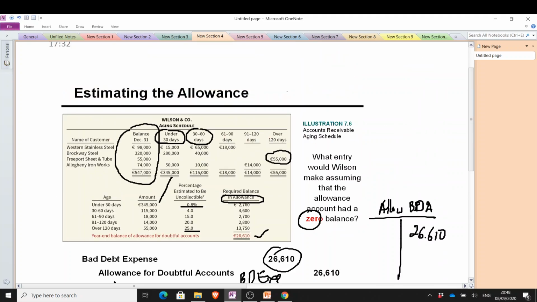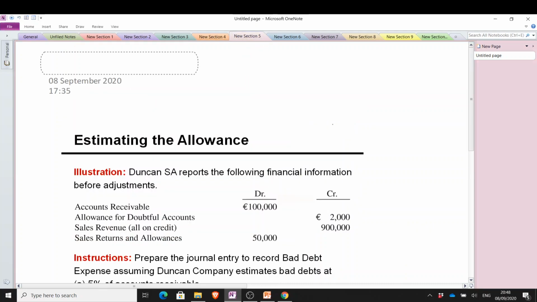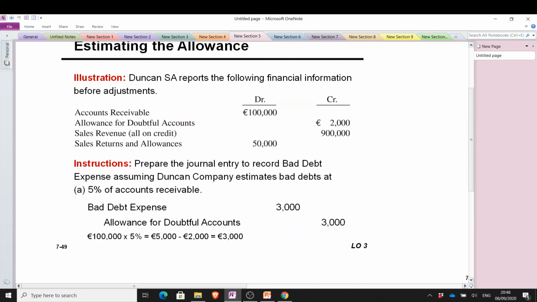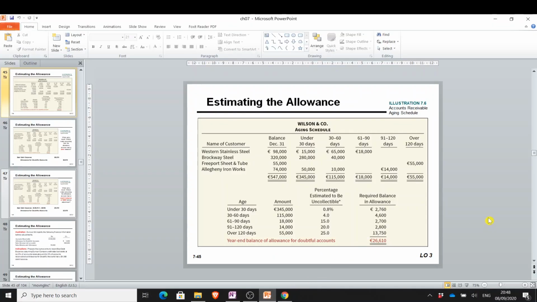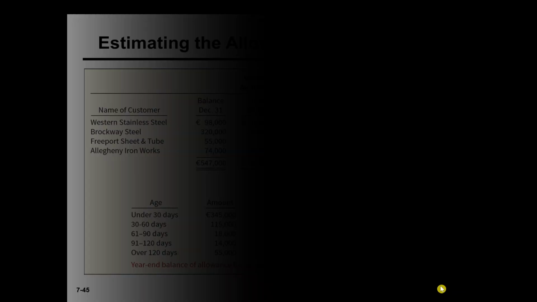What will happen if the balance was not zero? Okay, let us go back to our presentation.